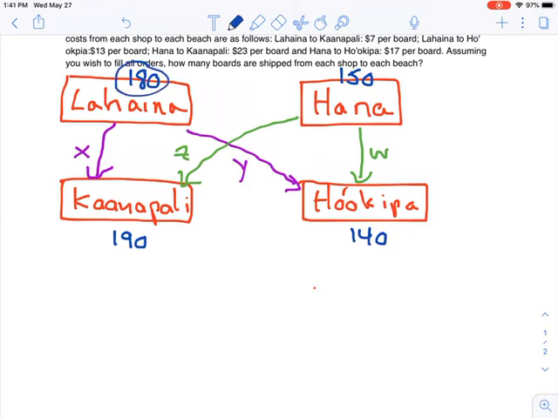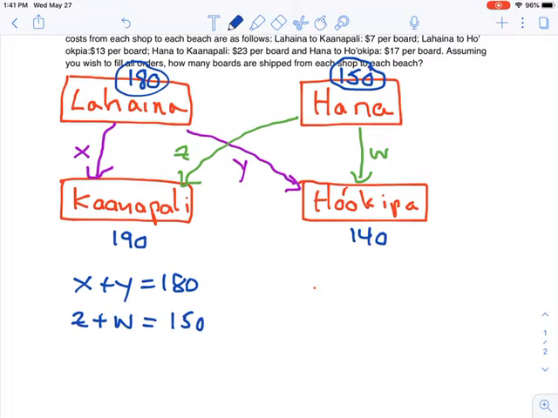So my first equation is X plus Y equals 180. From Hana, we have 150 surfboards, and they're going via Z and W. So we can say that Z plus W is equal to 150.